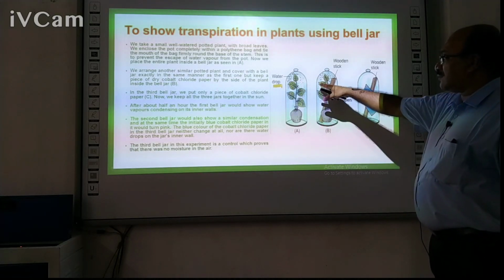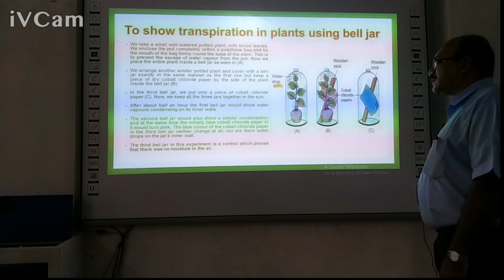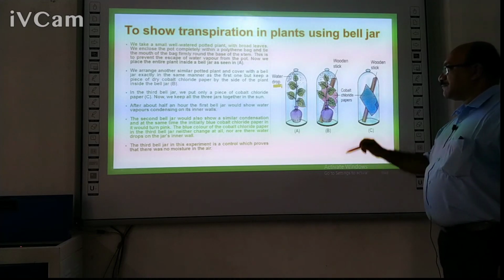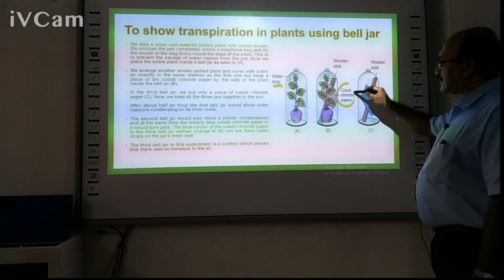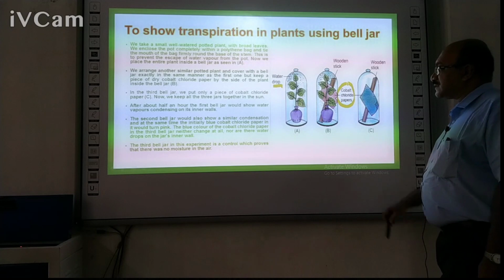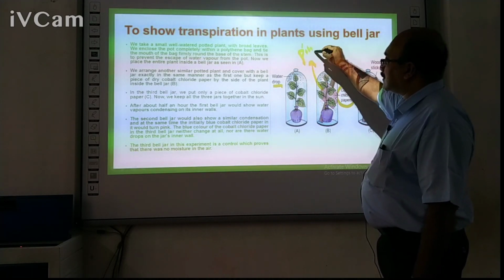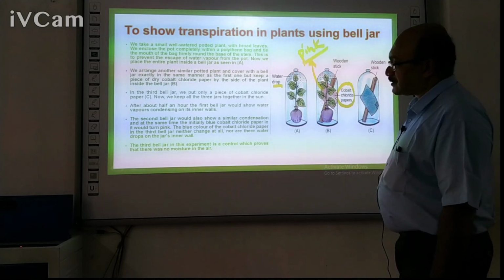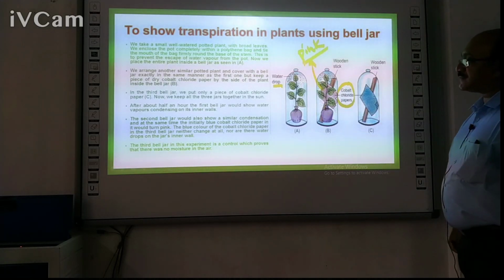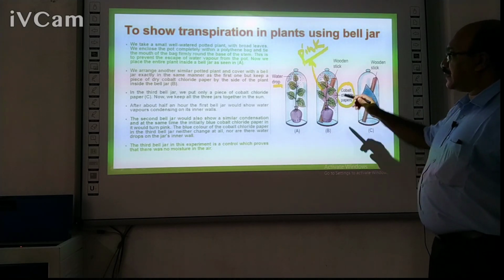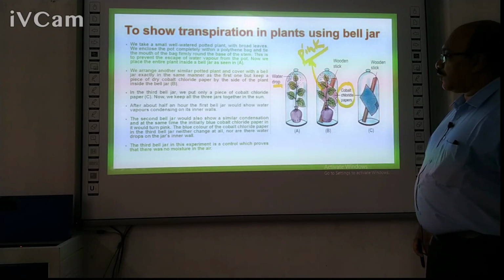In the second one also, droplets of water are being collected. But the cobalt chloride paper inside the second one turns pink, confirming that the droplets of water collected are nothing but water.